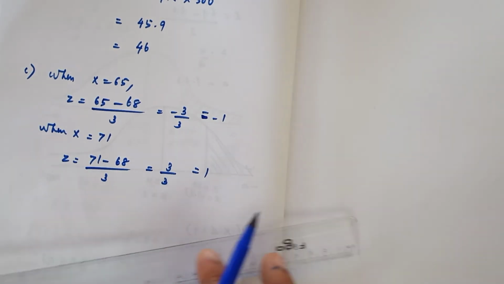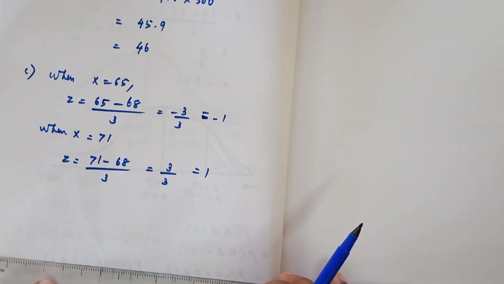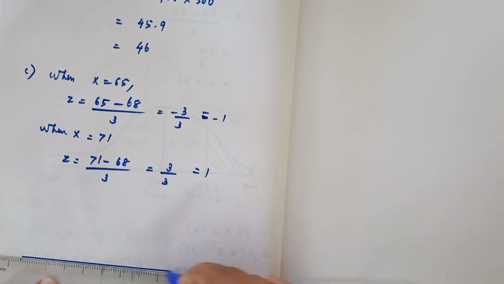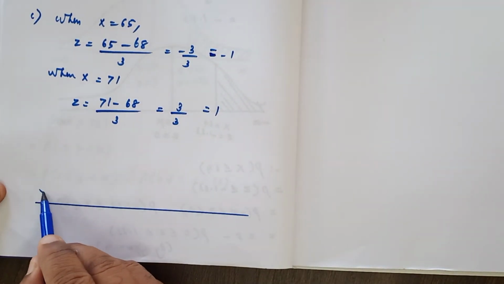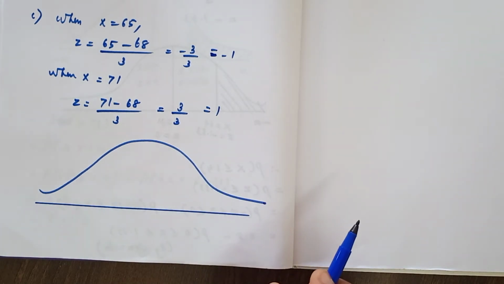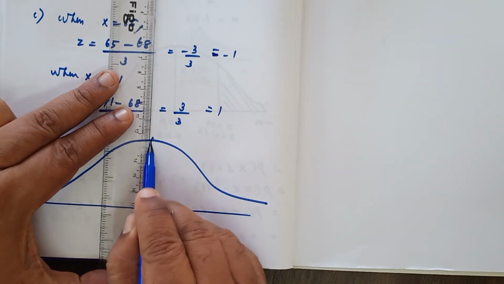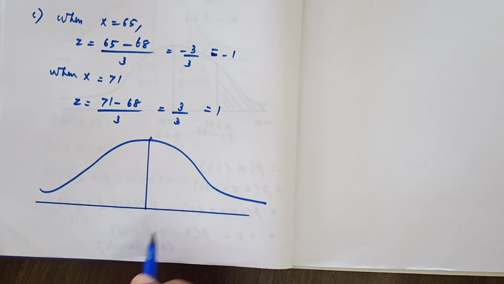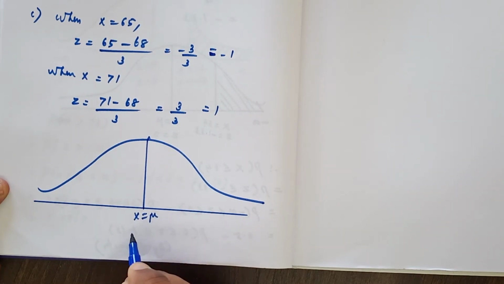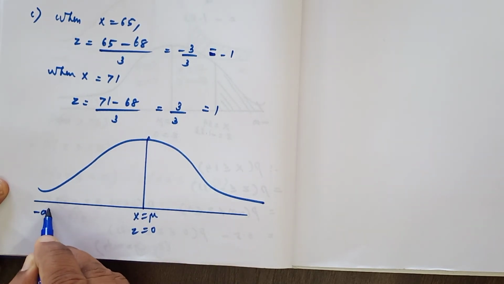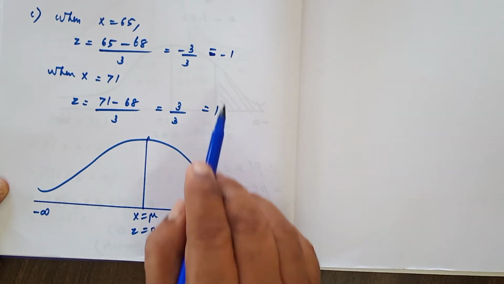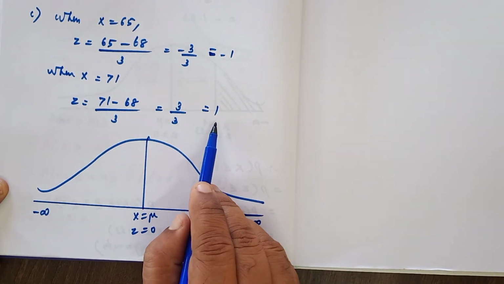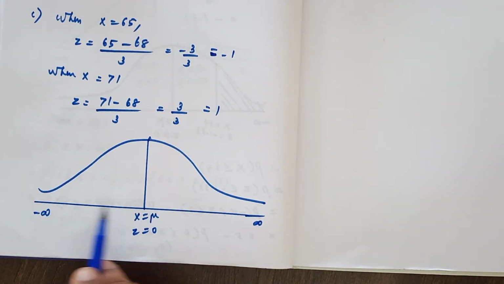Now, the normal curve. Here x is equal to mu, z equal to 0, here minus infinity, here plus infinity. Here we have one negative number, here one positive number: minus 1 to the left hand side of the mean.